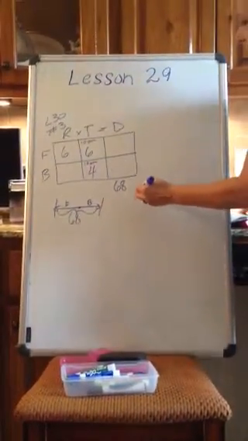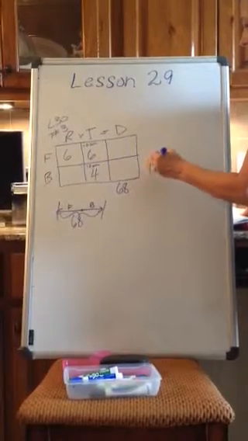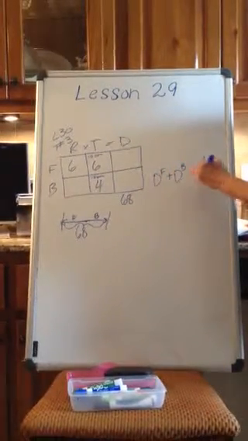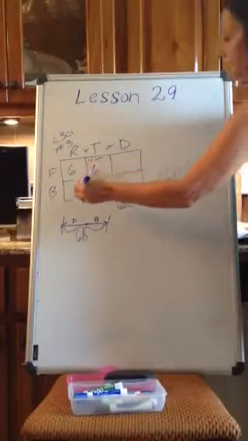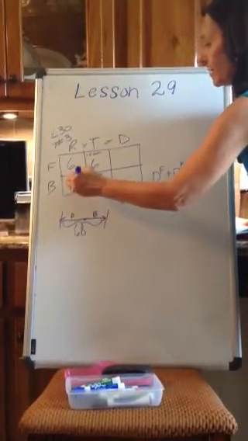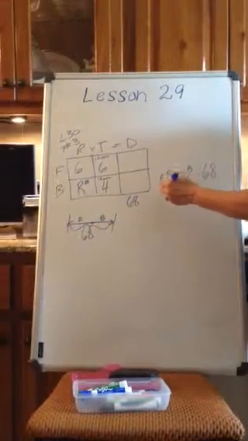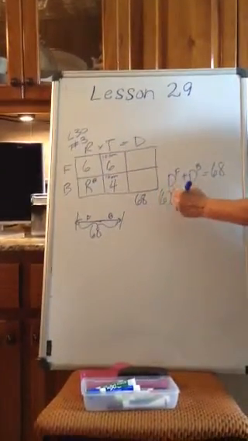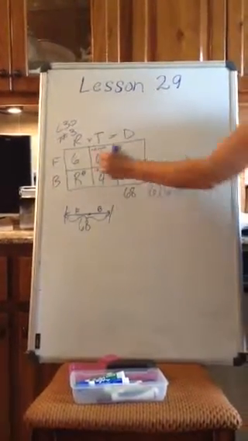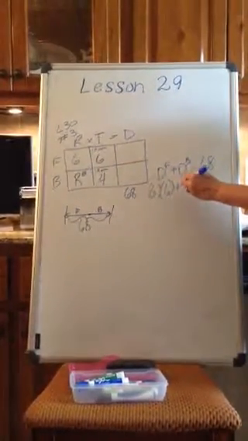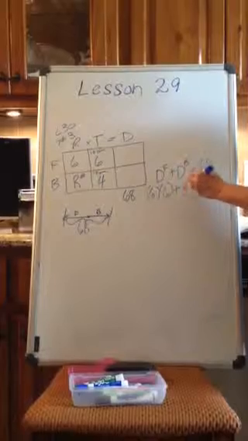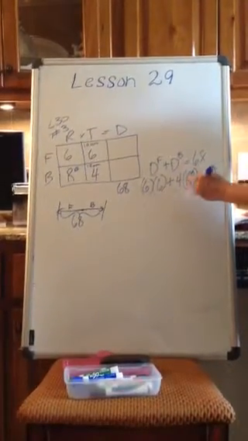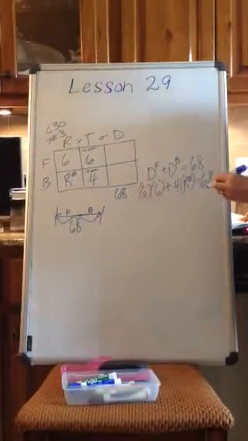And we know that the distance of the Flower plus the distance of the boy equals 68 miles. Now I can substitute in, we'll put the rate of the boy. The distance for Flower is 6, the rate, times 6, the time, plus the distance for the boy is his time, which is 4 hours, times his rate, equals 68. And I can solve for the rate of the boy.